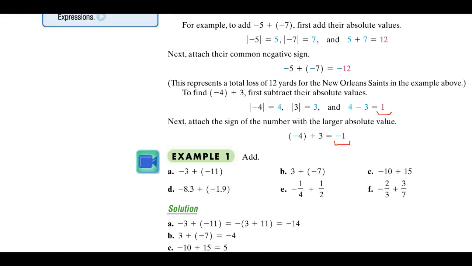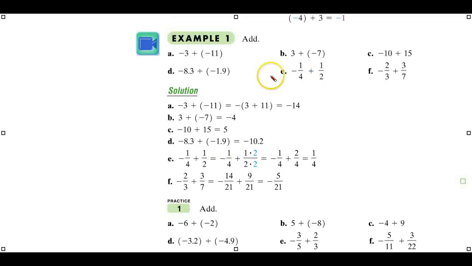So here are some examples now. Here they are both negative, so we'll add them together, 14, and use the negative sign. Here, one is negative, one is positive. This is the larger absolute value, which is negative. So you subtract 3 from there, get a 4, and then apply the sign of the larger absolute value.